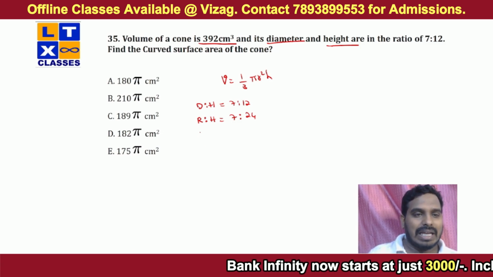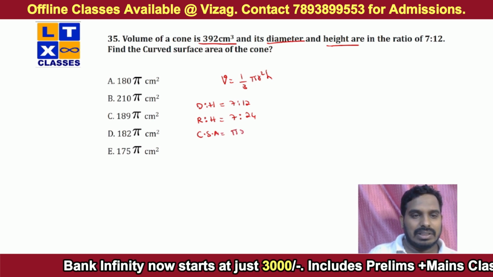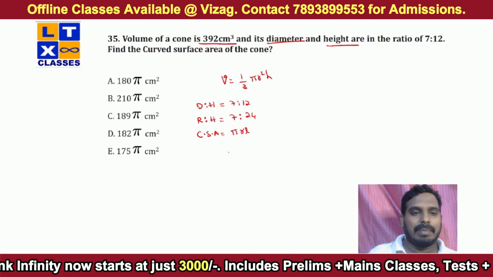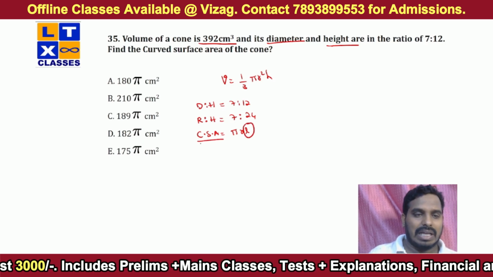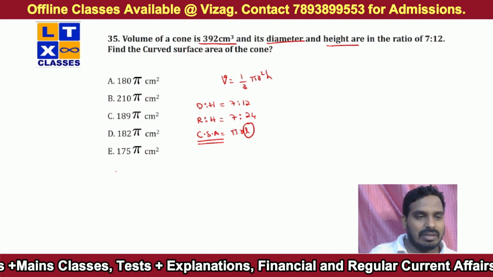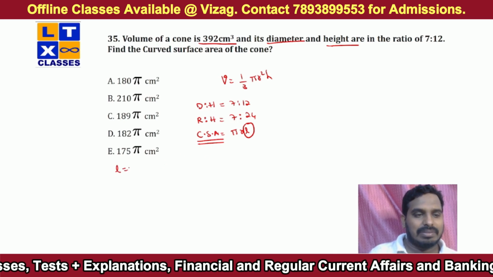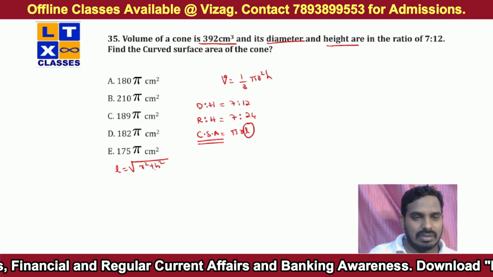Now you're asked to calculate the curved surface area, which is calculated using the formula pi r L. Now I need the value of L in order to calculate my curved surface area. So what is L here? L is nothing but my slant height, which is equal to root of r square plus h square, right?